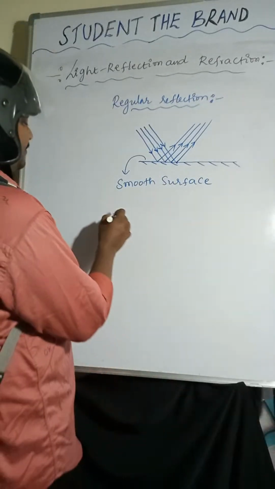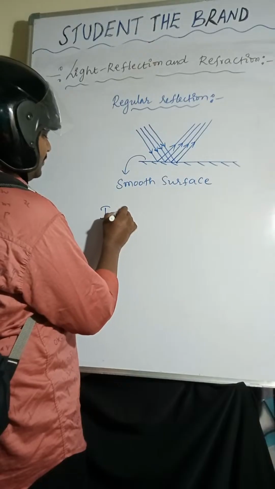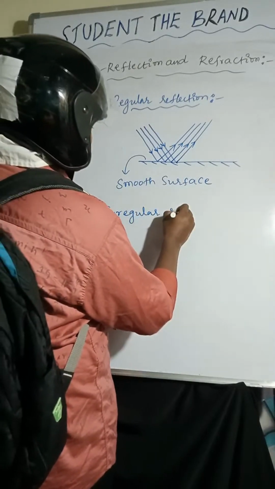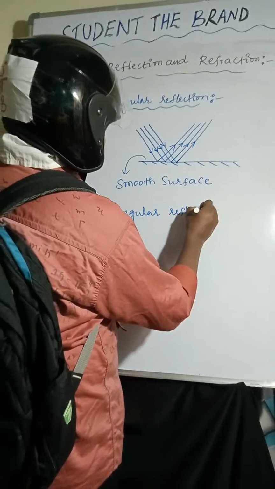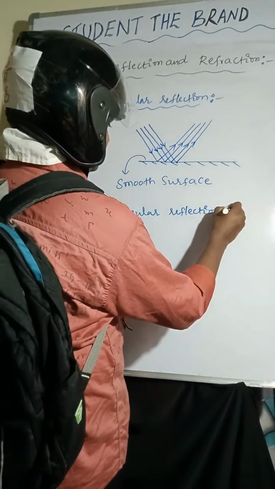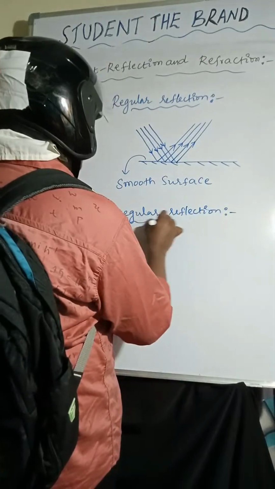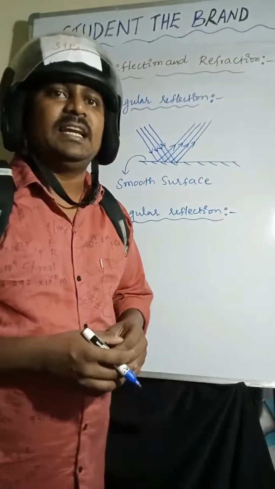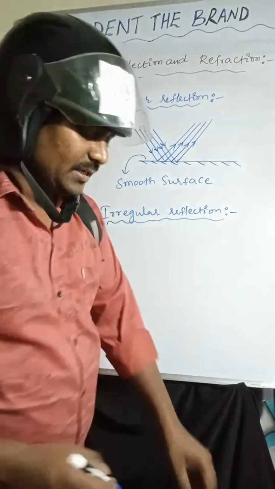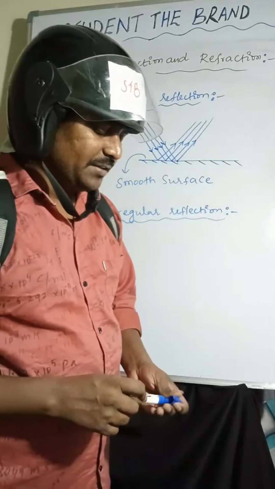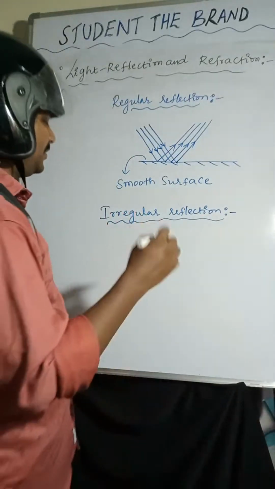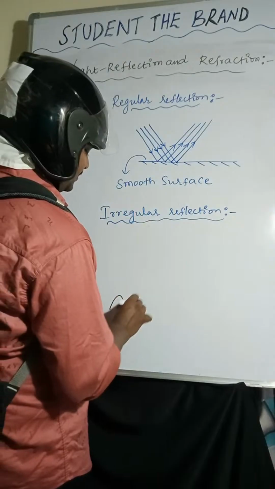Coming to irregular reflection. Incident beam is parallel, but reflected light rays are not parallel to each other. So that type of reflection is called irregular reflection.